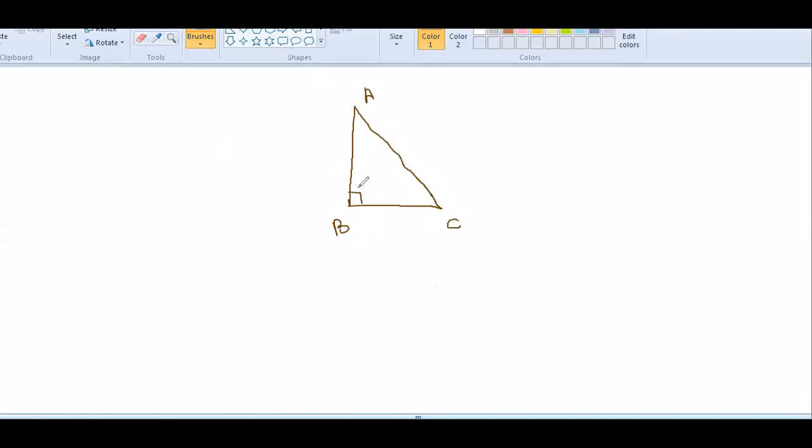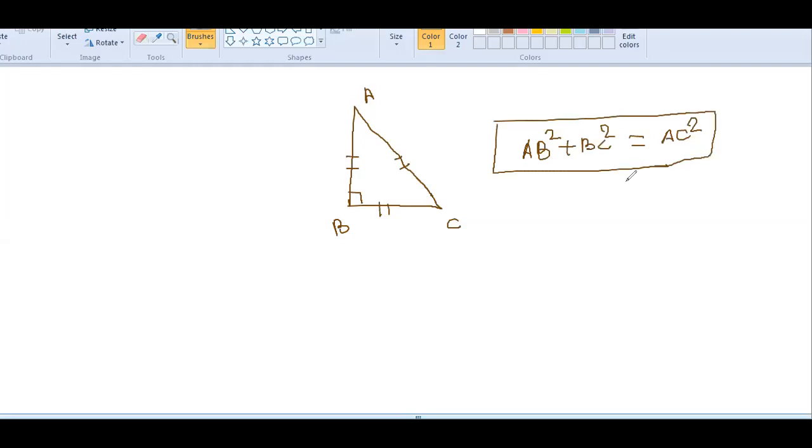Pythagoras says that the square of these two sides, if you add, it will be equal to the third side, the longest side. AB square plus BC square will be equal to AC square. And this is what we call as Pythagoras theorem.